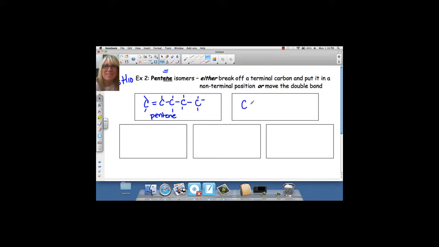So let's see if we just move it over one. 1, 2, 3, 4, 5, 6, 7, 8, 9, 10. Now with these two H's, you can put them either on the top or the bottom, or one on the top, one on the bottom, so long as each carbon has 4. So now my double bond is on the second carbon, so this would be 2-pentene.